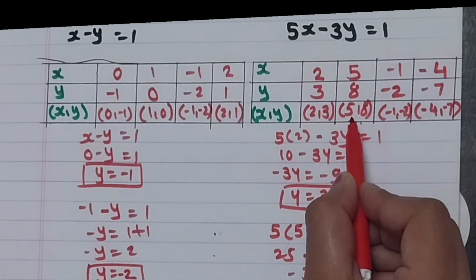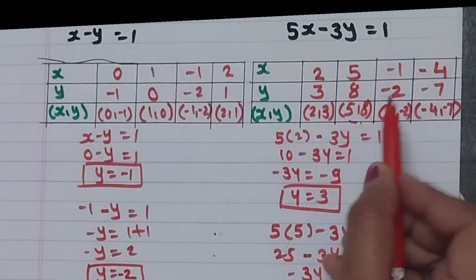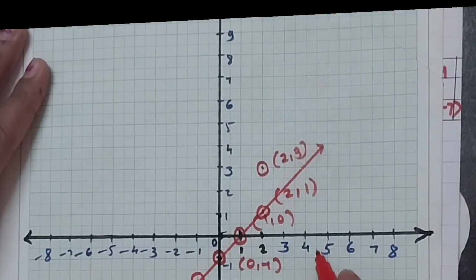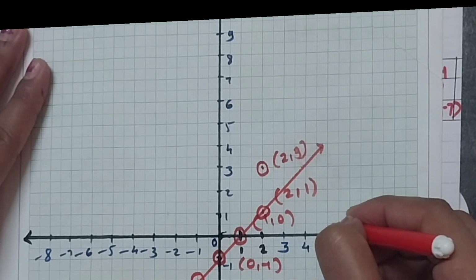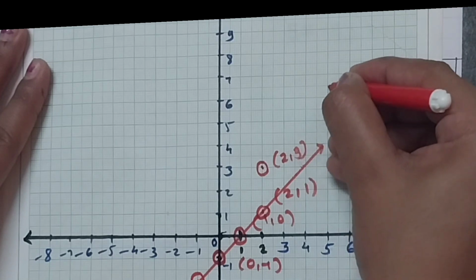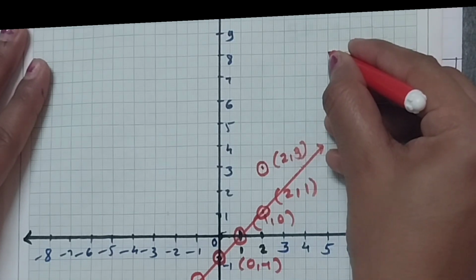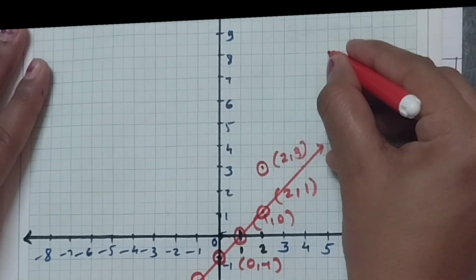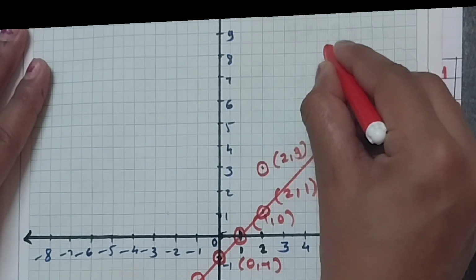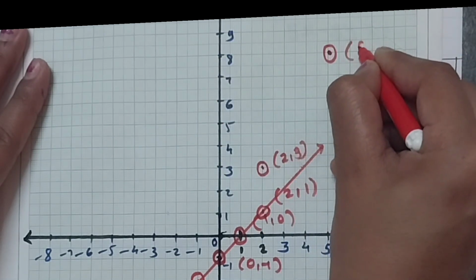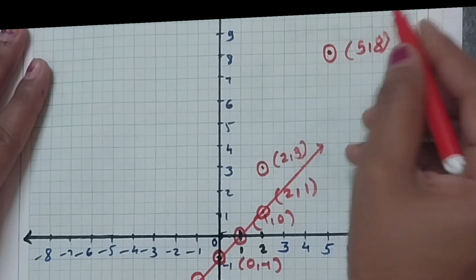The next point is 5 comma 8. So we plot on the graph paper, x is 5 and y is 8. So this is the 5 and we get this point here, y is 8. So here is the point and we circle it.